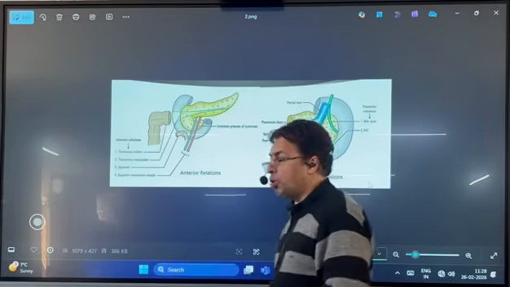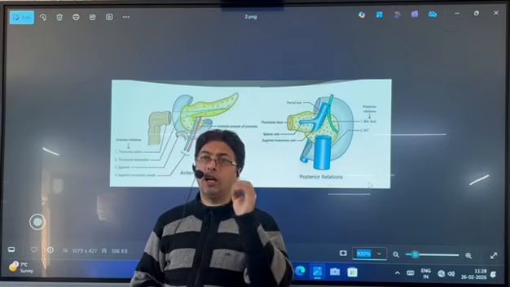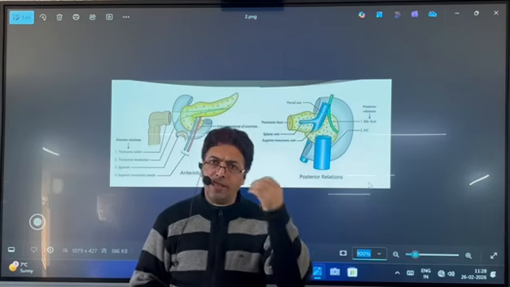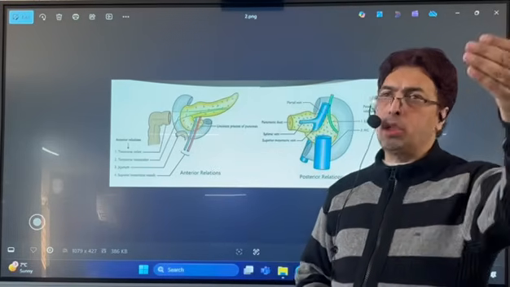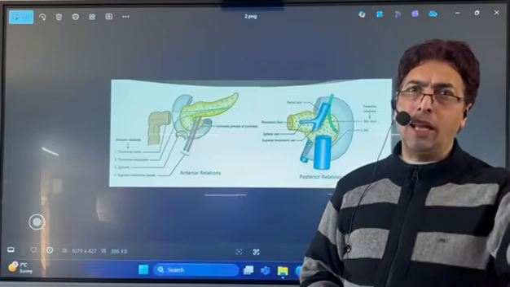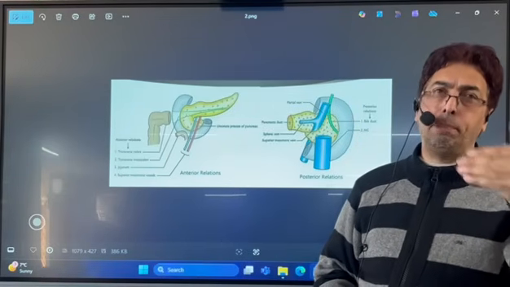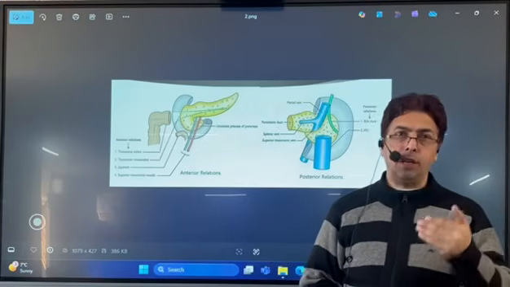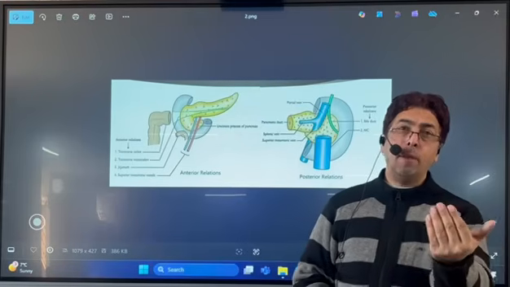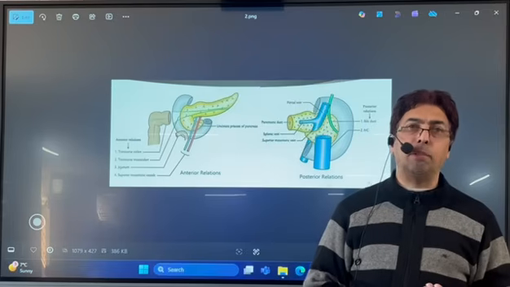Very important. So behind the neck of the pancreas lies the portal vein, and anteriorly lies the peritoneum covering the lesser sac, because behind the stomach we have the lesser sac. So the anterior relation of the neck and the part of the body of the pancreas which will be coming up will be the peritoneum overlying the lesser sac, but posteriorly to the neck will be the portal vein.